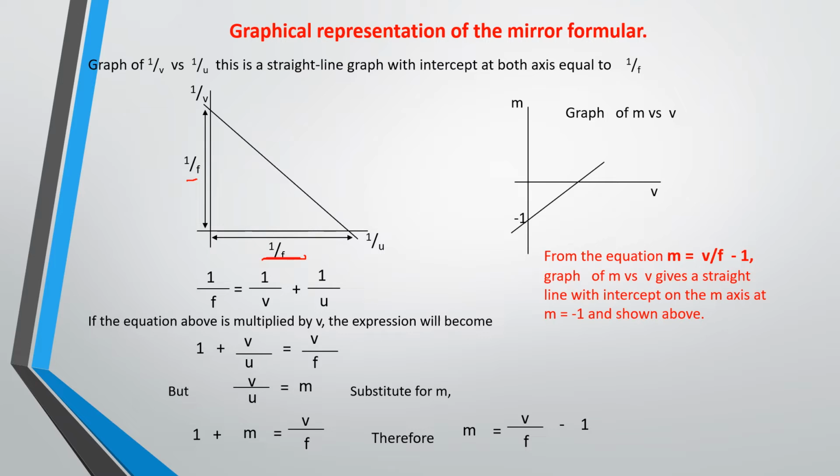Now, if you multiply this mirror formula by v, you are going to have 1 plus v over u is equal to v over f.